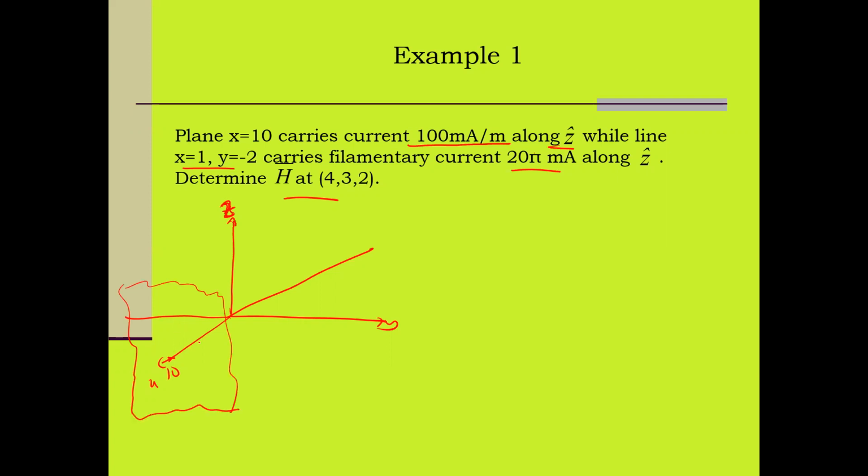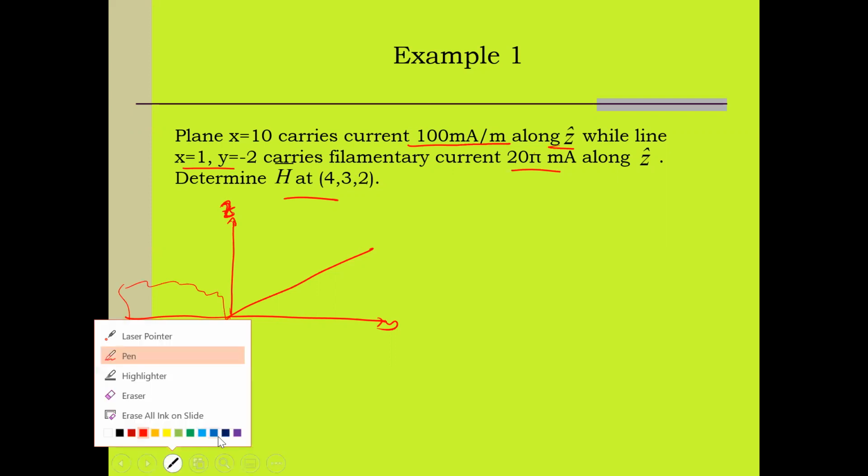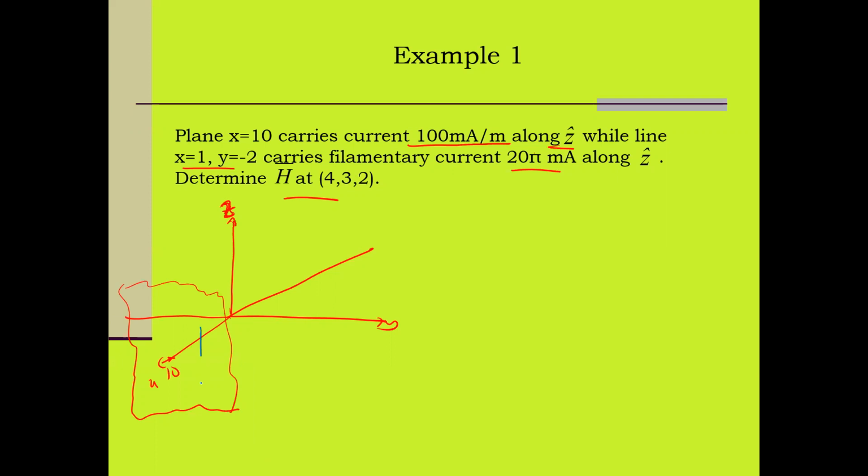That should be the plane of x equals 10, and it is given to have a current of 100 milliampere per meter. So your current should be in this direction, supposedly. That should be the current Js equal to 100 milliampere per meter in the direction of Z.